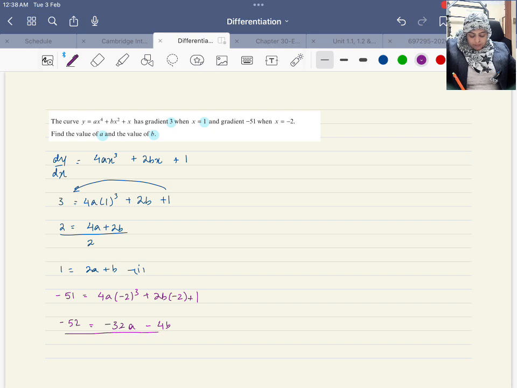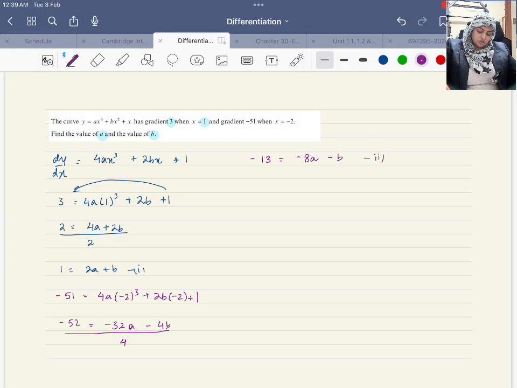I divide the entire equation by 4. I get minus 1/3 is equal to minus 8a minus b.